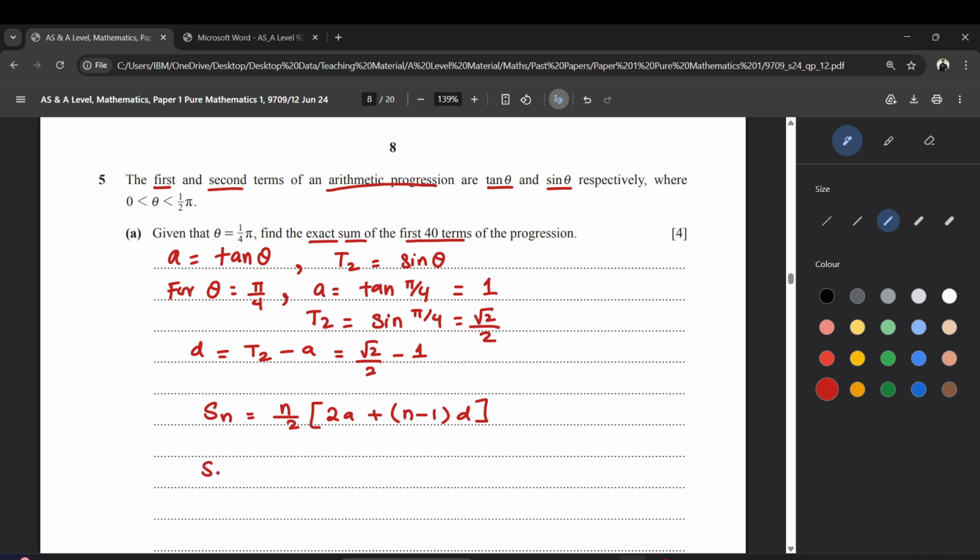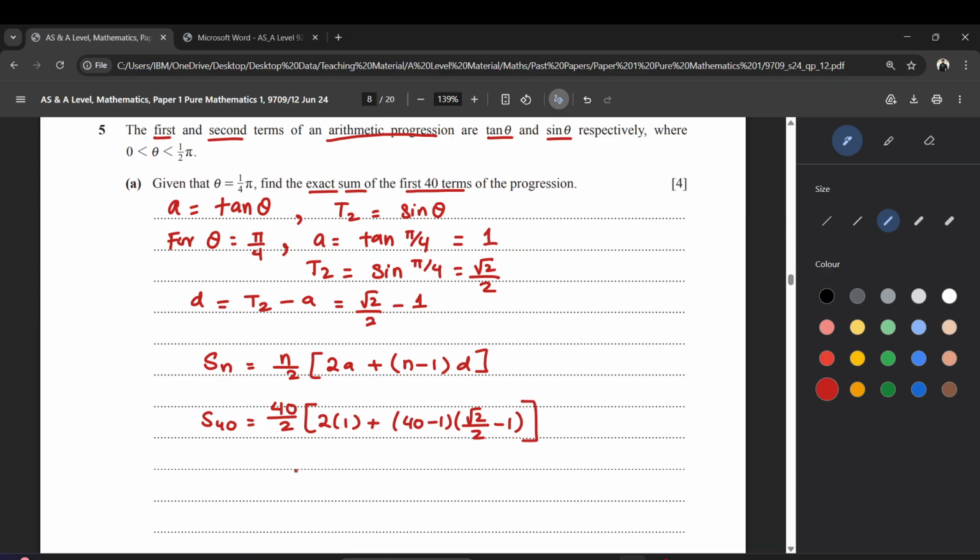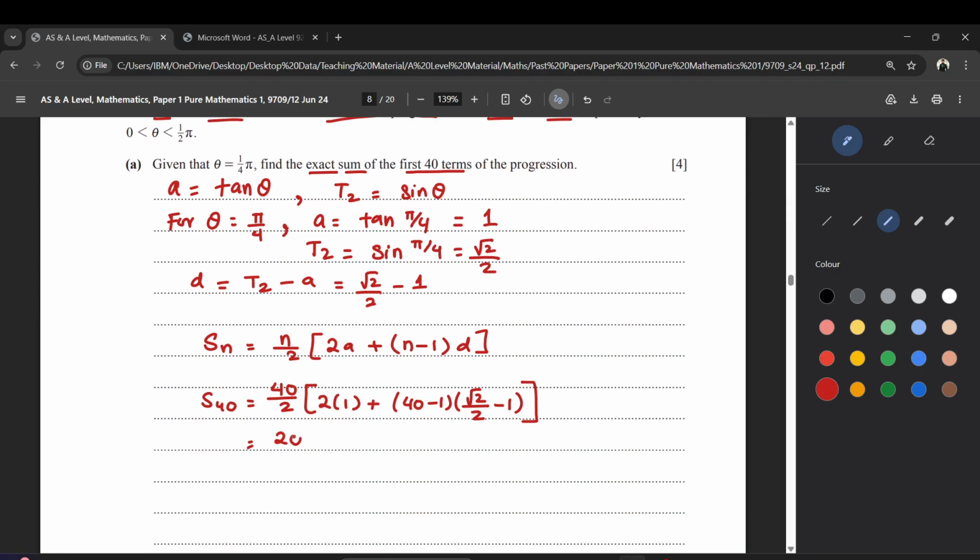So for the sum of 40 values, this would be 40 upon 2 times 2a, so a is just 1, plus 40 minus 1 times d. d is root 2 upon 2 minus 1, close the bracket. This becomes 20 times 2 plus 39 times root 2 upon 2 minus 1.